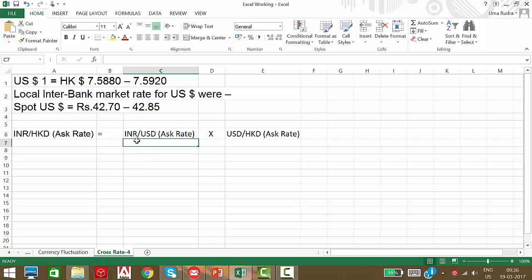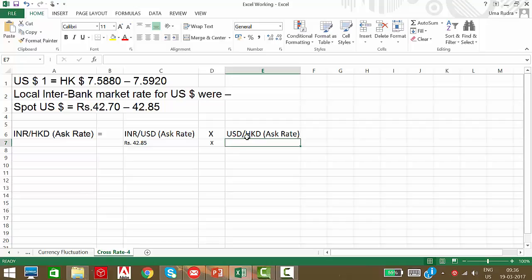This is the INR which I want, INR per US dollar ask rate. So what is the ask rate? Ask rate is rupees 42.85. Right? Now, here we have to calculate the ask rate, US dollar per Hong Kong dollar.